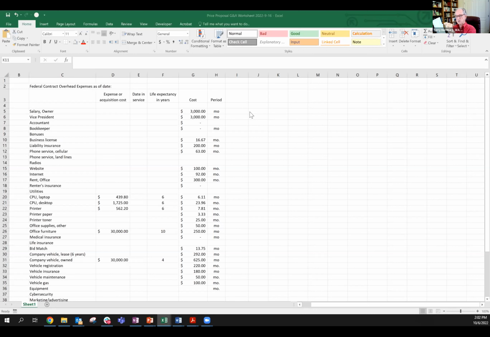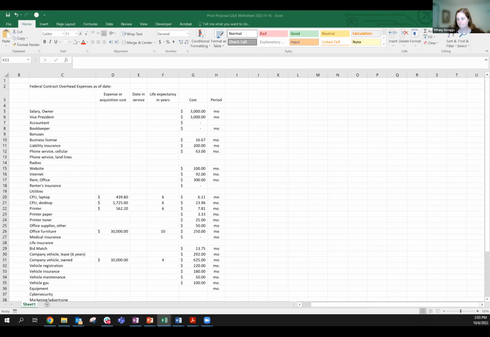I'm taking 600, dividing it by 6 because it's for a 6-month period, and I'm getting $100. I'm putting auto insurance on here for $100, and under the period it's per month. That is normalizing the data. Did I cover that? I think so.